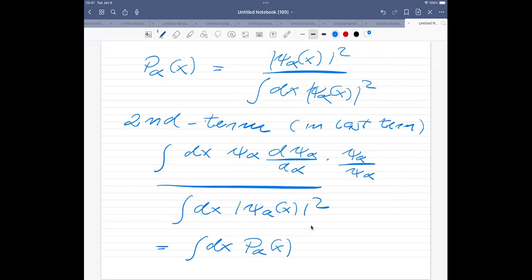And then what we have next is 1 over psi of alpha of d psi alpha of d alpha. Now, this last part is something which we can rewrite in a very convenient form, because remember that the wave functions which we are looking at are normally given by exponentials.